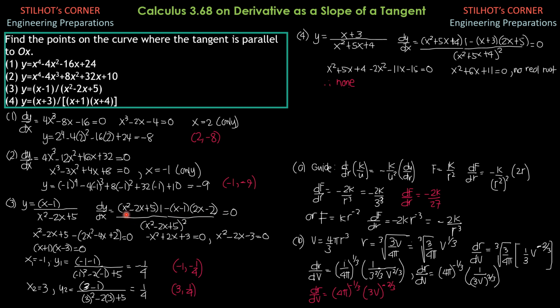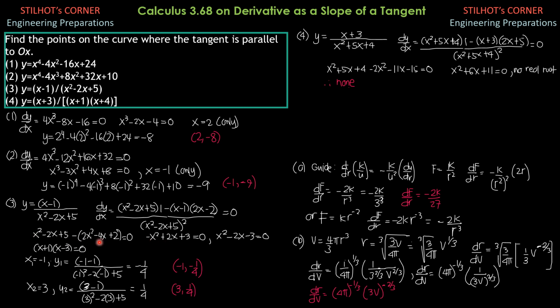So x squared minus 2x plus 5 minus quantity 2x squared, then we have negative 2x and negative 2x, so negative 4x, then negative 1 times negative 2 is positive 2 equals 0. So simplifying, we have negative 2x squared plus x squared, negative x squared.